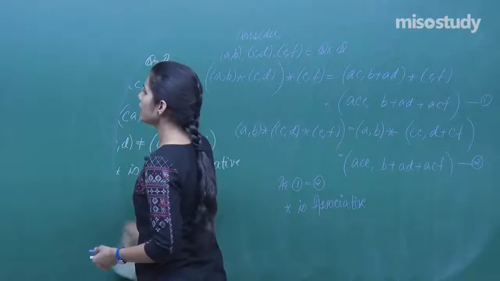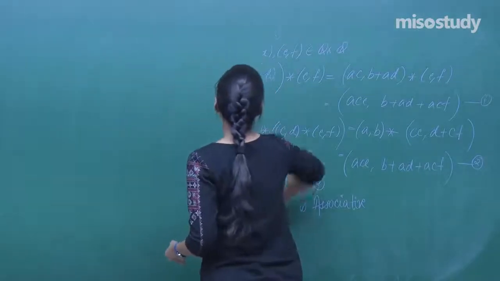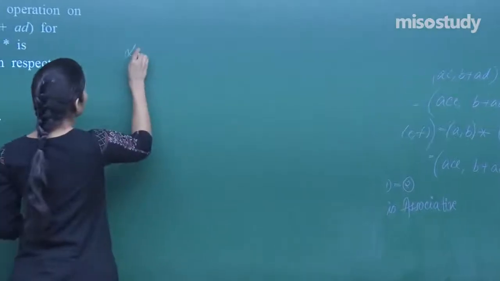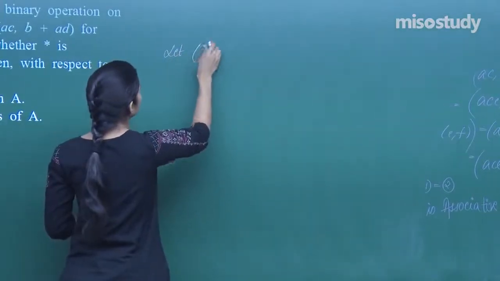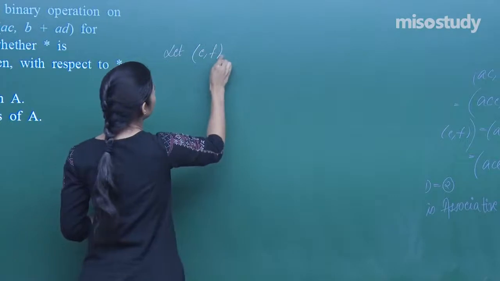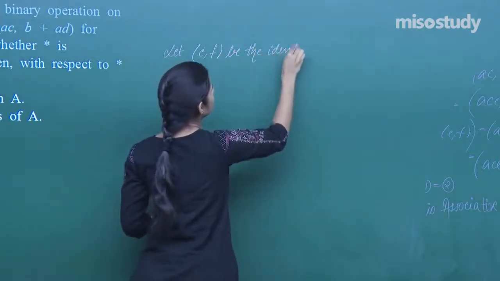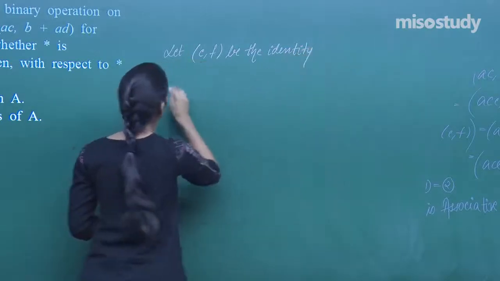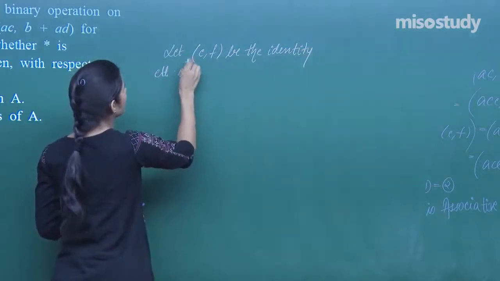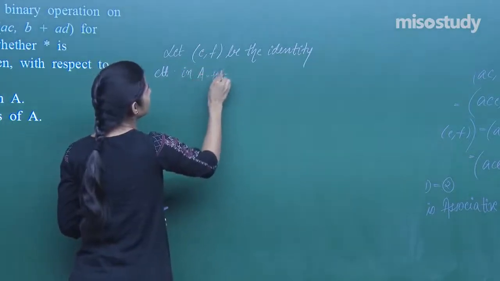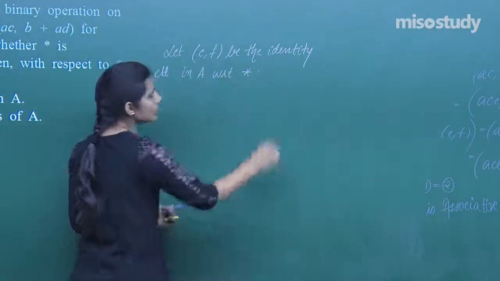After this we need to find the identity element in A. Let us try to compute the identity element. I am saying let (E, F) be the identity element in A with respect to star.